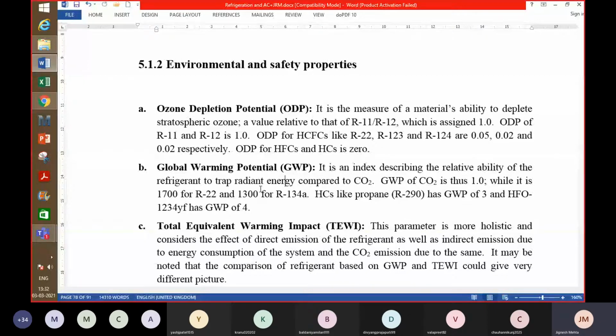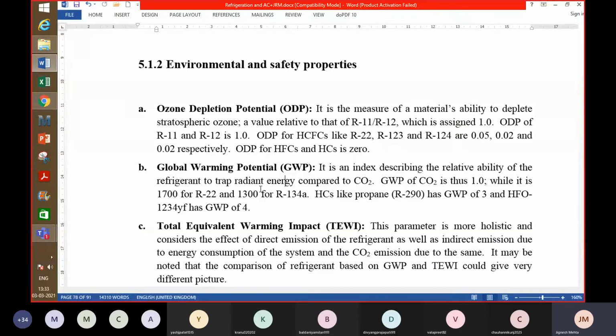Now, just considering the global warming potential will not lead you to the right decision. So there is another parameter which is developed, and it is called total equivalent warming impact, TEWI. This parameter is more holistic and considers the effect of direct emission of refrigerant.